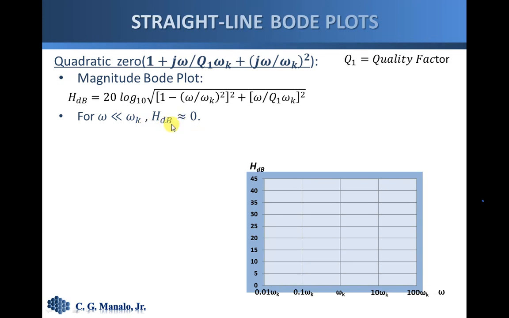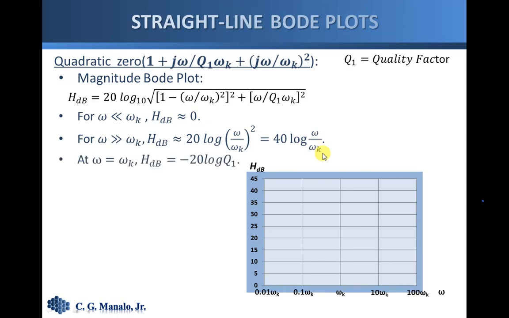In this case, H dB would be approximately equal to 0. For omega much greater than omega k, H dB would be approximately 40 log of omega over omega k. At exactly omega equals omega k, we'll have negative 20 log of Q1. Now, Q1 here is what we call the quality factor.